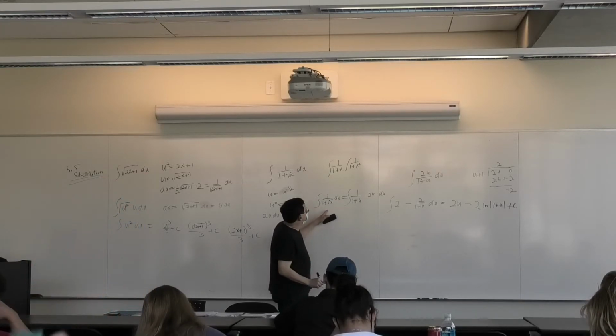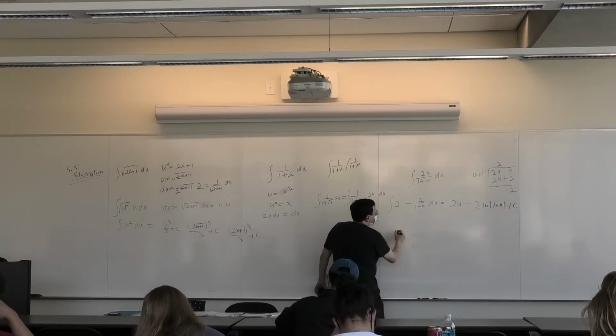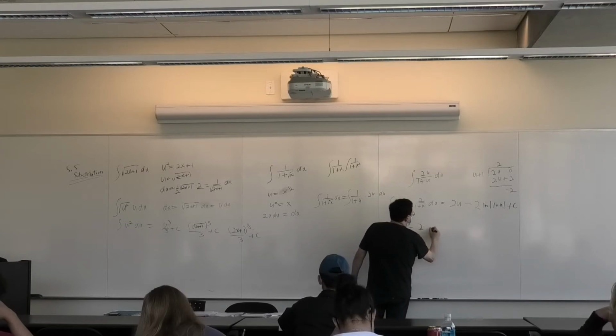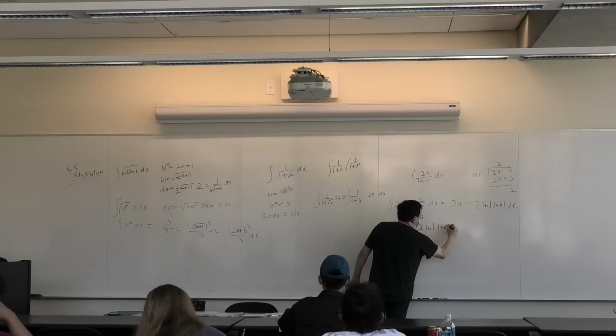So now all we have to do is go back and substitute in, right? So it's 2 times the square root of x minus 2 times the log of 1 plus the square root of x.